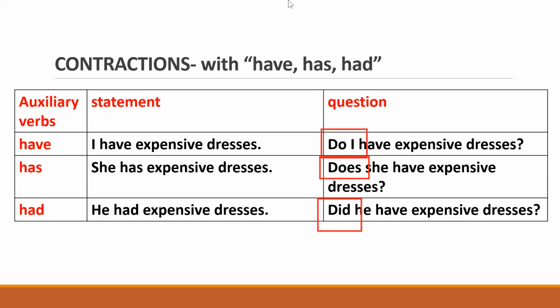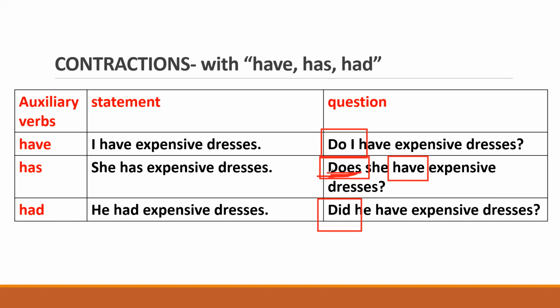Now coming to the first one, have. I have expensive dresses. Okay, so the question becomes, do I have expensive dresses? Now, has. She has expensive dresses. Does she have expensive dresses? So here you have to make note, it is "does she have," it is not "does she has." Because here "does" represents the tense, which is present tense.